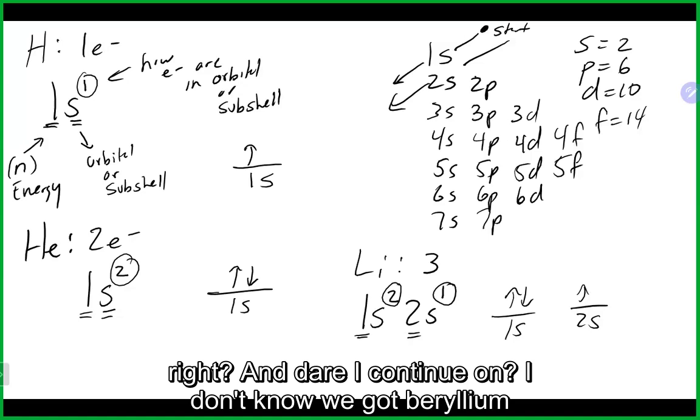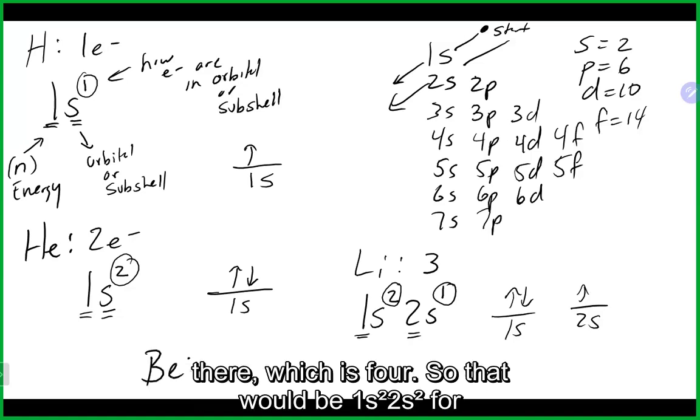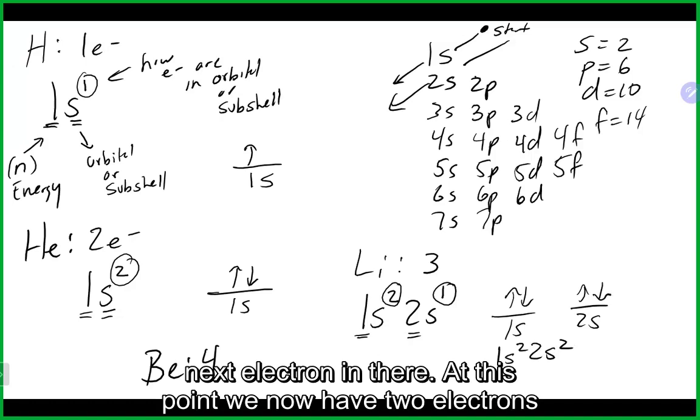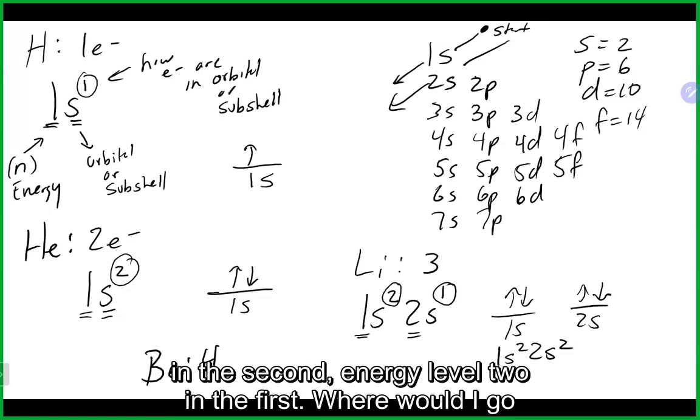We got beryllium there, which is 4. So that would be 1s2 2s2 for beryllium. And that would put that next electron in there. At this point, we now have 2 electrons in the second energy level, 2 in the first.